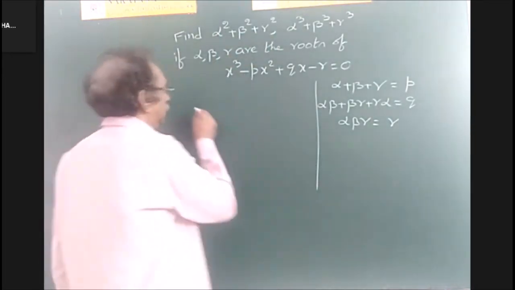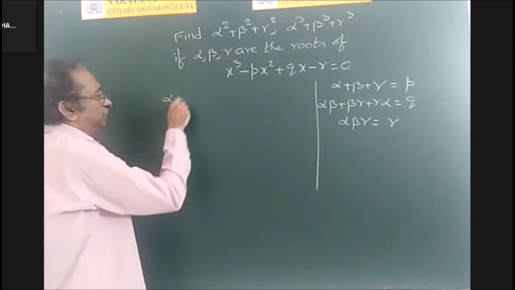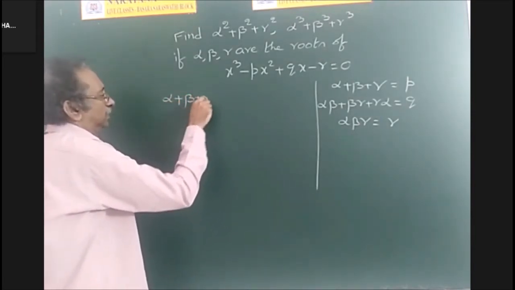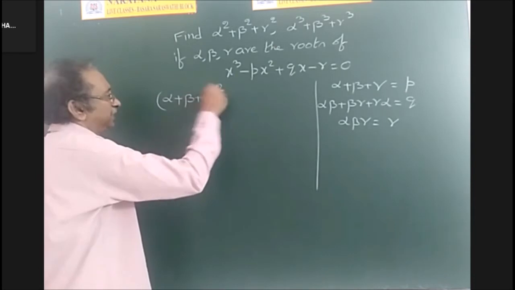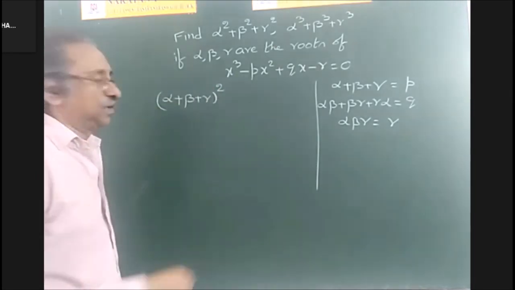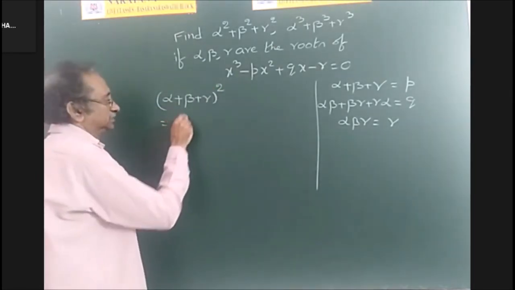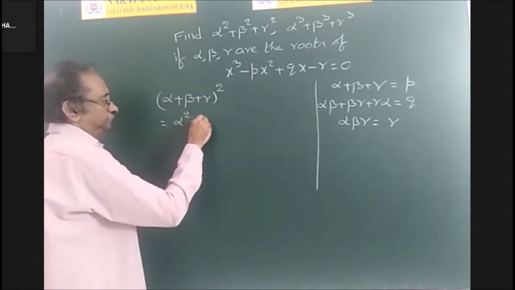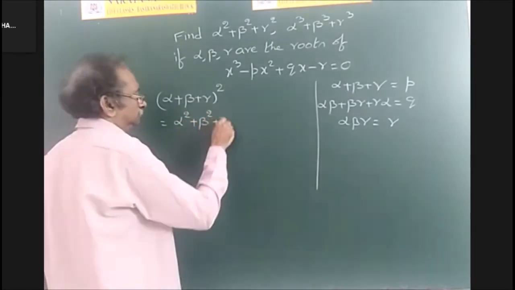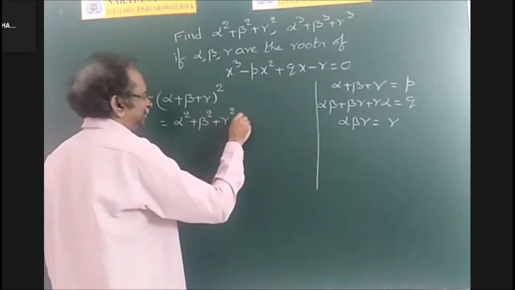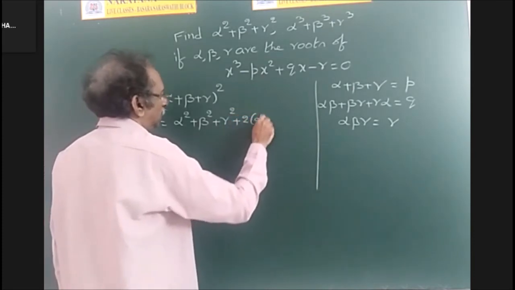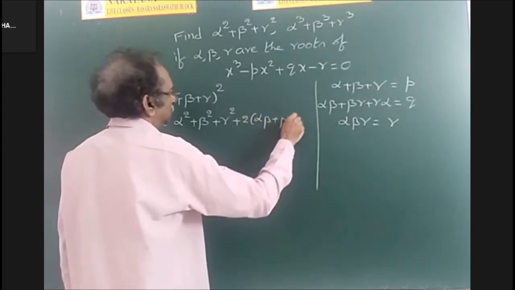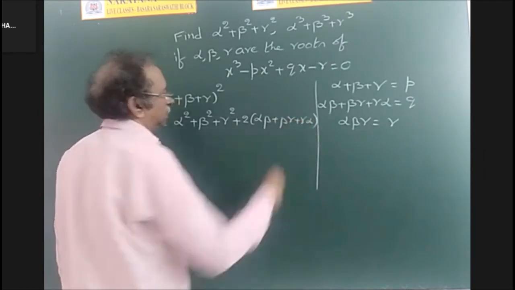First of all, how to find alpha square plus beta square plus gamma square? For that, I will first find alpha plus beta plus gamma whole square. So what it is? Alpha square plus beta square plus gamma square plus 2 into alpha beta plus beta gamma plus gamma alpha.